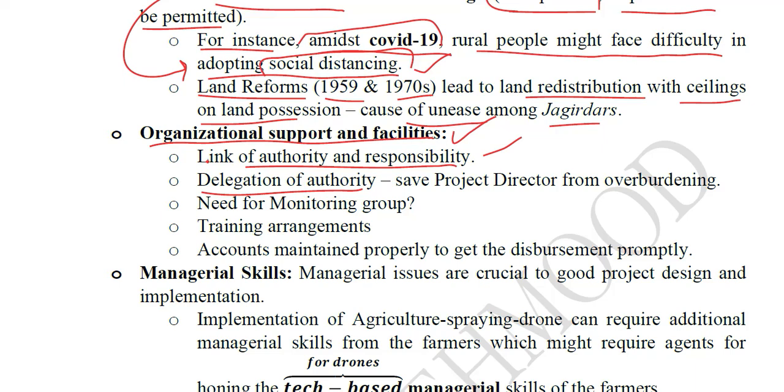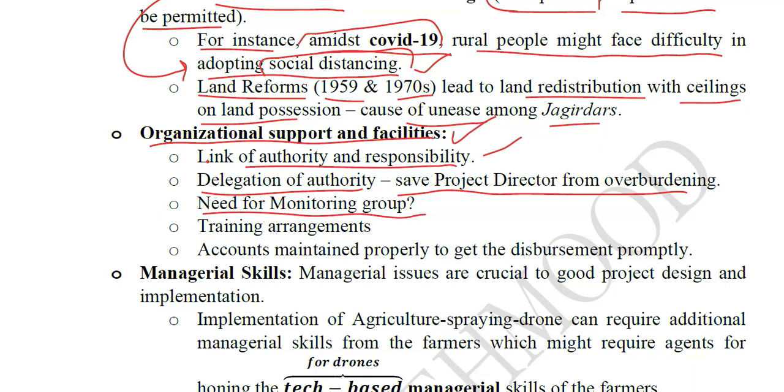It is done basically to save the project director from overburdening, because one person cannot handle all the things nicely. So delegation of power is there, and how this delegation of power should be given is something we need to define before the project gets started.